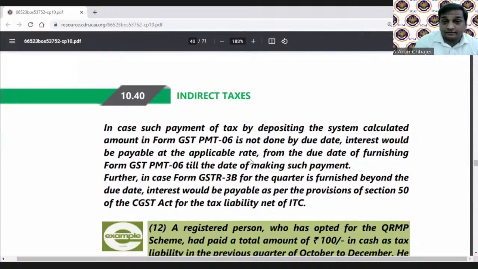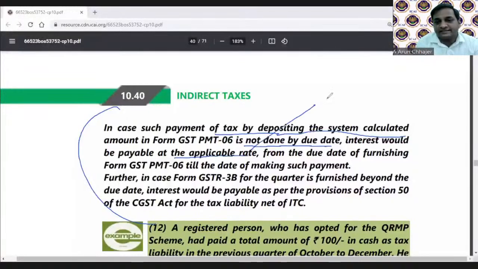Let's read this para. If payment of the taxes by depositing the system calculated amount or the self-assessment method is not done by the due date, interest would be payable at the applicable rate, that is 18%, from the due date till the actual date of payment. Interest would be applicable as per section 50.